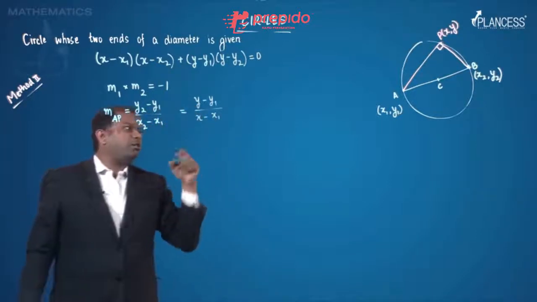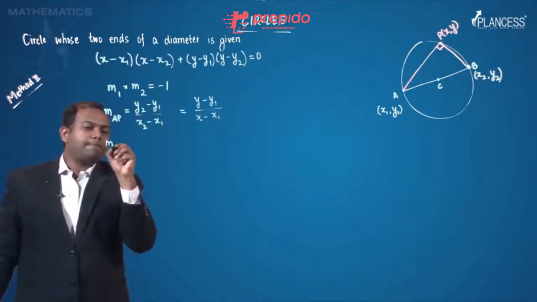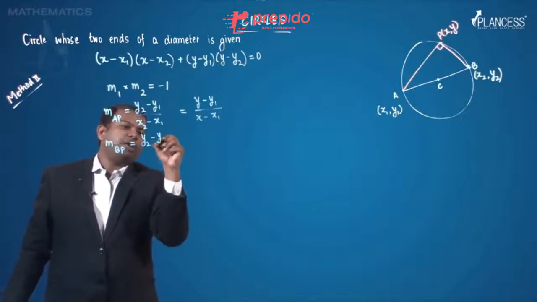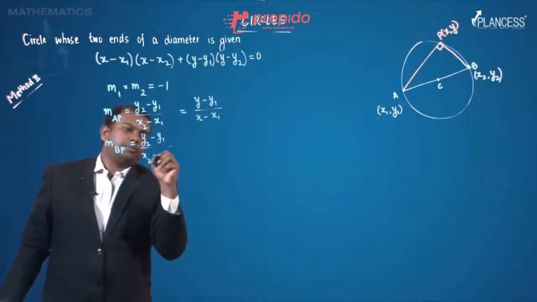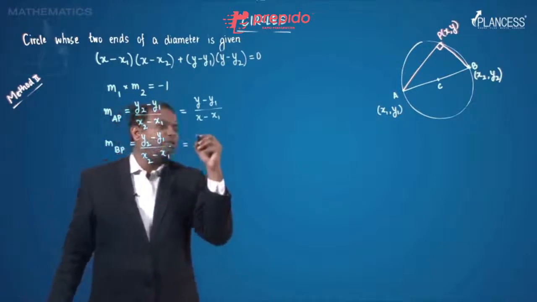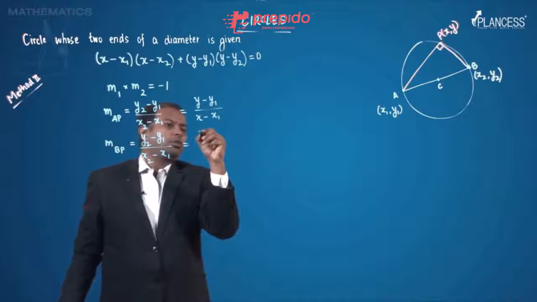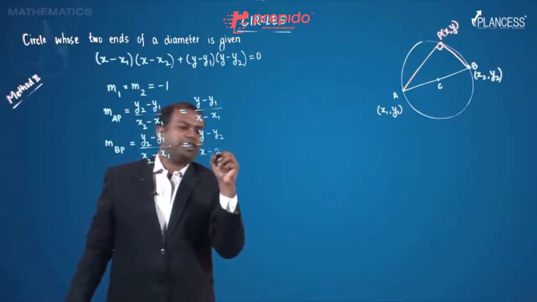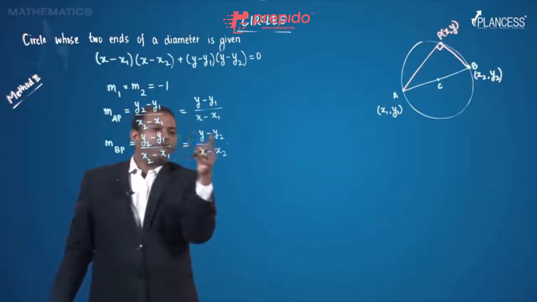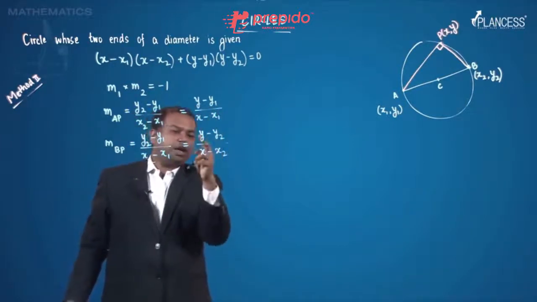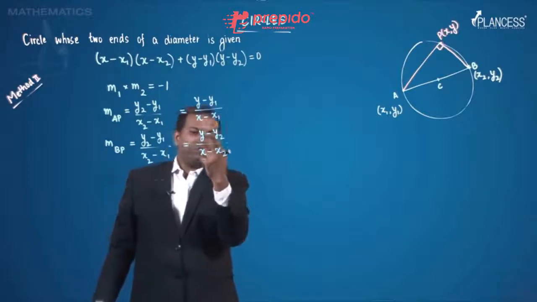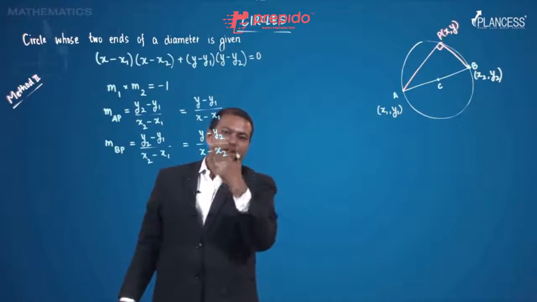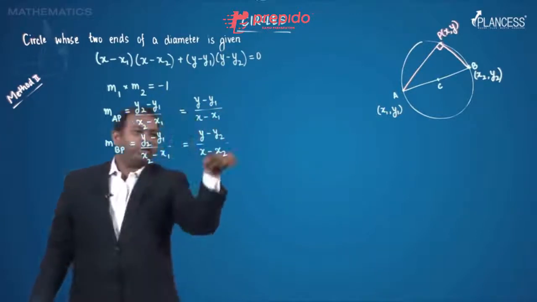Again, the slope of the line PB can be calculated by using the same formula, and we will have y minus y2 divided by x minus x2. You can interchange these two, but it does not matter, because if you interchange, you can take a minus sign common from both the numerator and denominator, which will cancel out and you'll get this.